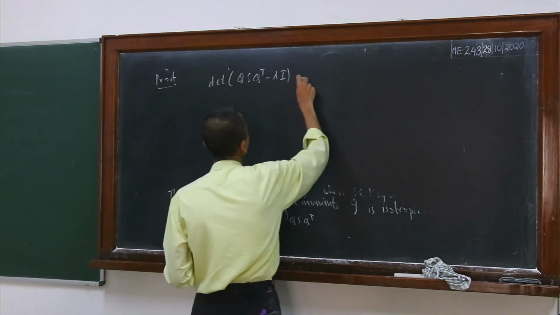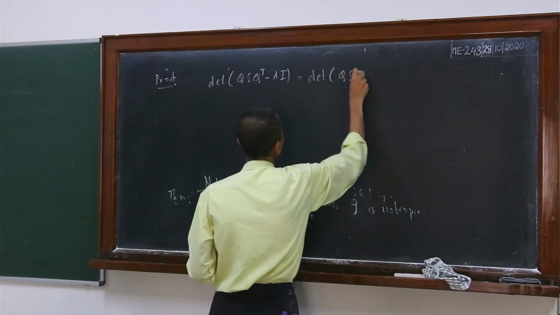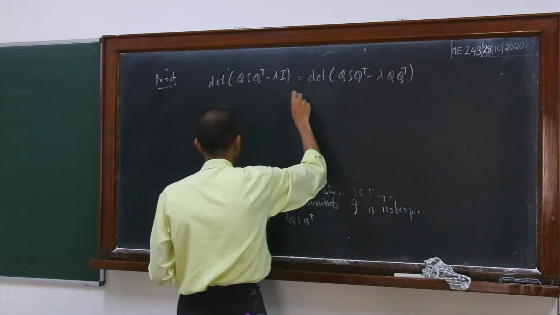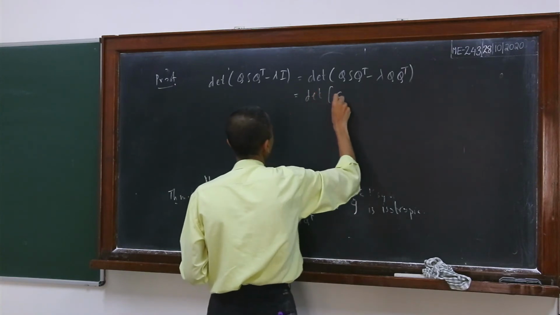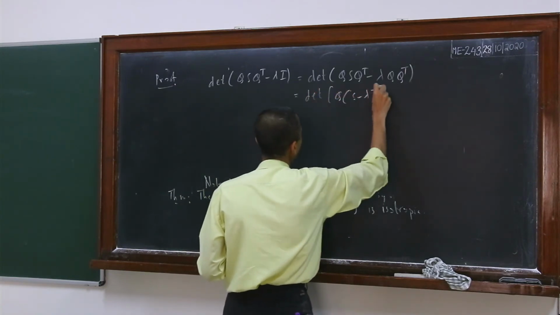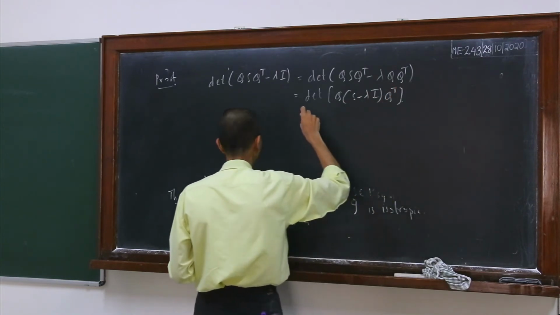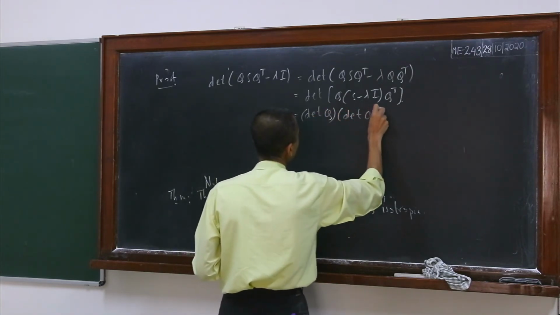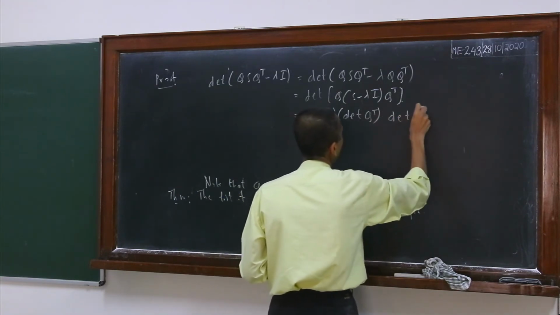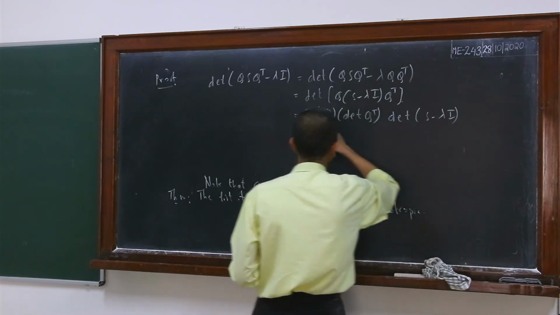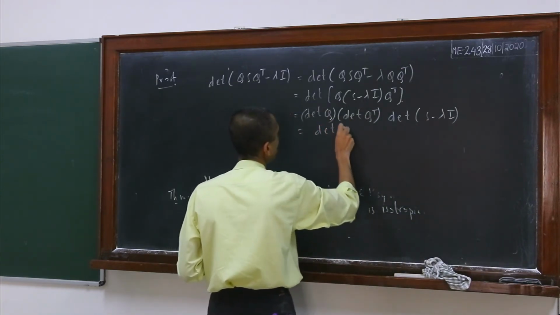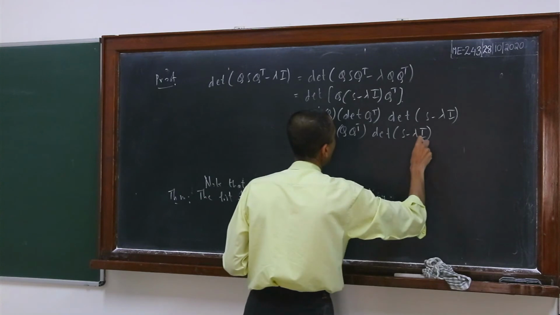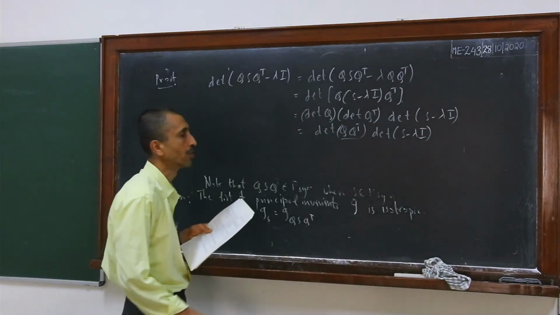So I write this as determinant of QSQ transpose minus lambda QQ transpose, and this I can write as determinant of Q times S minus lambda I times Q transpose, which is equal to determinant of Q times determinant of Q transpose times determinant of S minus lambda I. Since Q is orthogonal, determinant of Q times determinant of Q transpose is just 1.